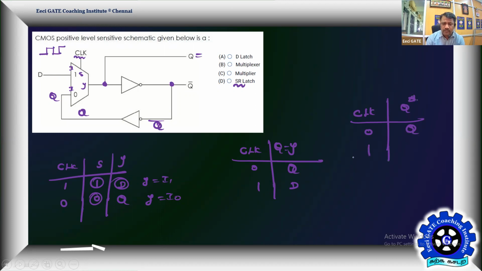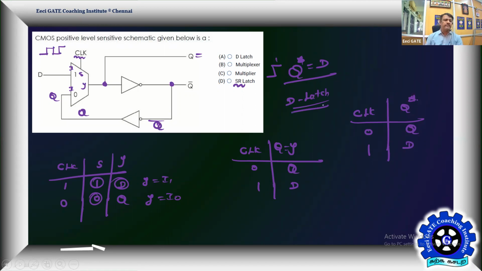If the clock is 1, it makes the new state. So Q star is equal to D whenever the clock is 1. That's the character of a D latch. So it is functioning as a D latch.